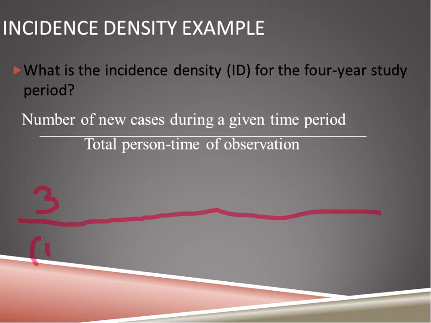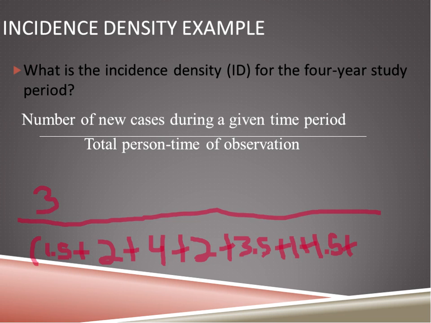So we add up all the person time years. It was 1.5 plus 2 plus 4 plus 2 plus 3.5, and I'll show you where that data came from, plus 1 plus 1.5 plus 2.